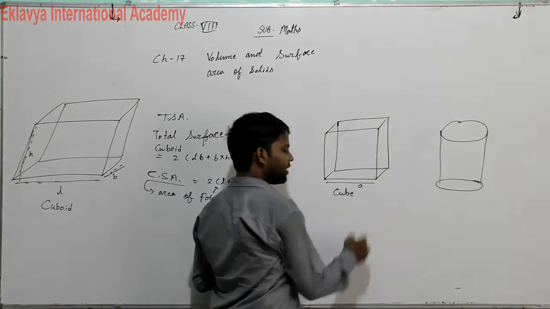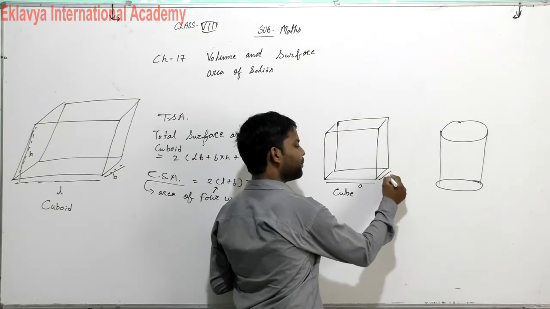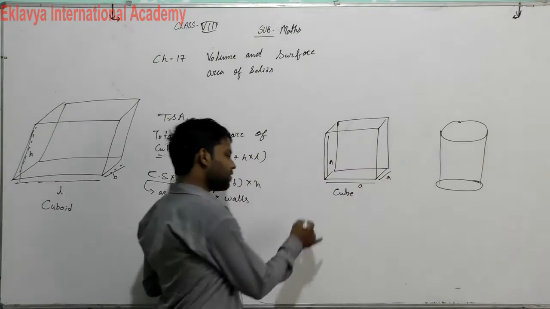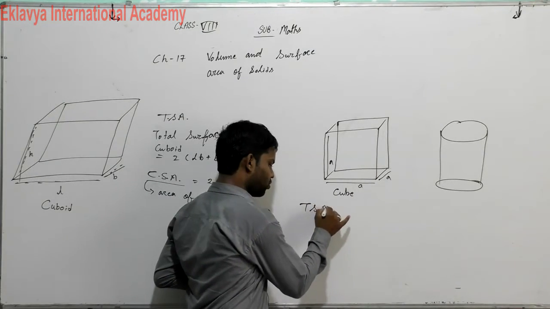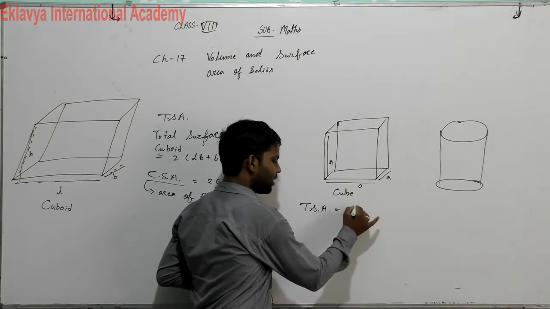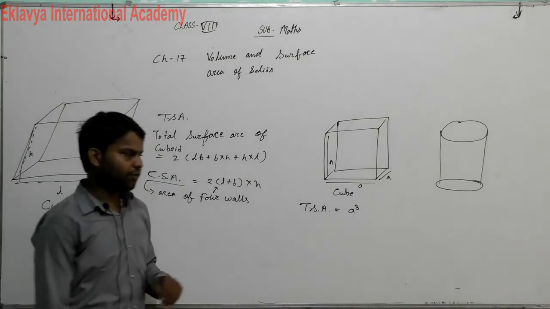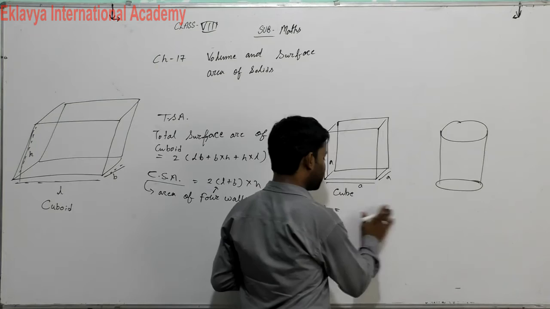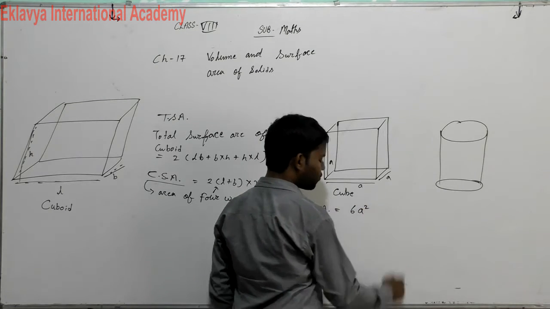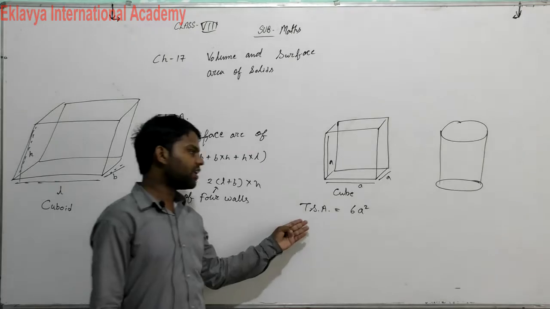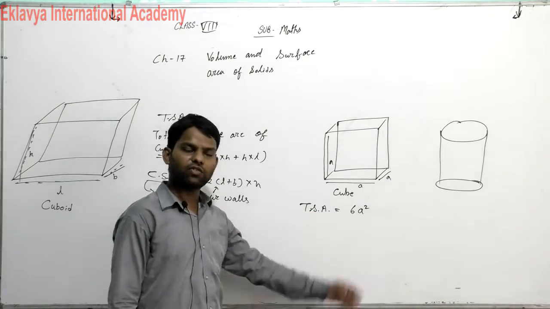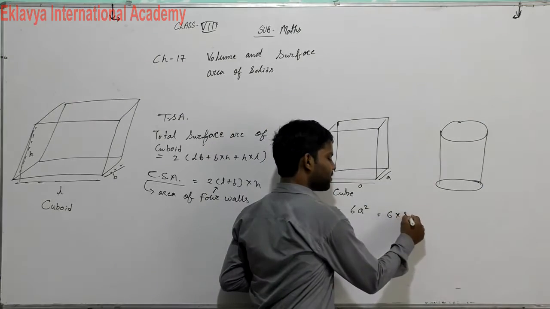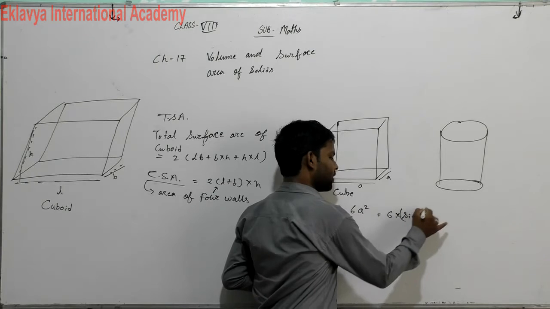If we represent the side by A, then breadth is also A and height is also A. Then TSA of the cube is 6A square, which we can also say as 6 multiplied by side square.